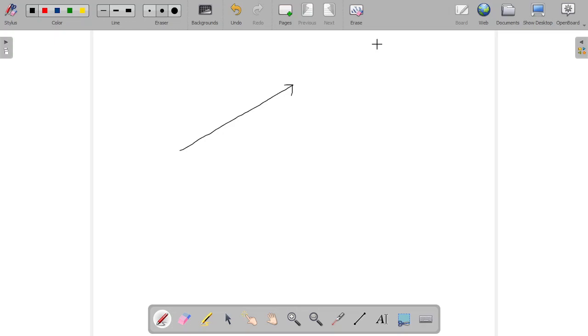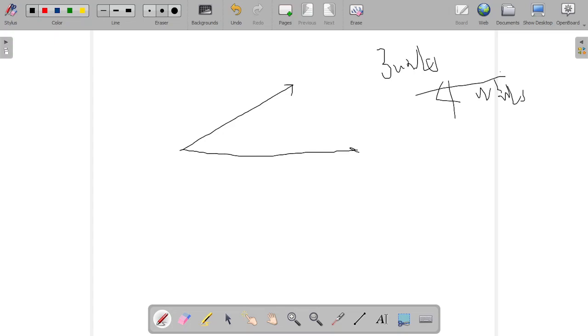In vector analysis, it is the vector of larger magnitude that stays at the bottom. So the one of 4 units stays at the bottom like this. This is a 3 units vector, and this is the 4 unit.